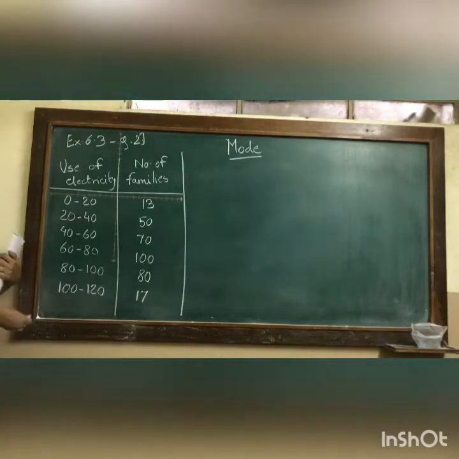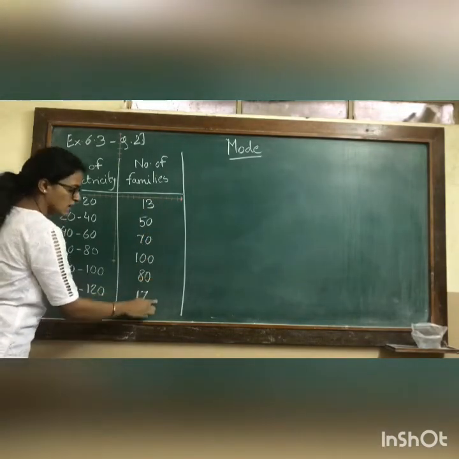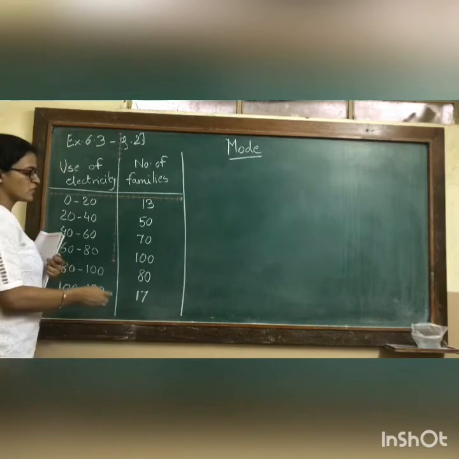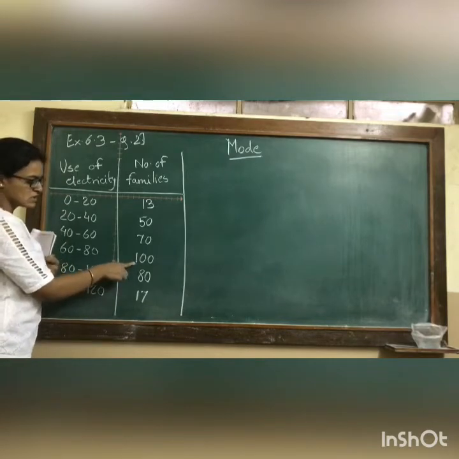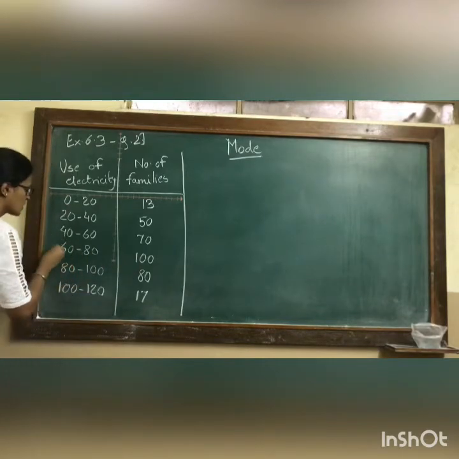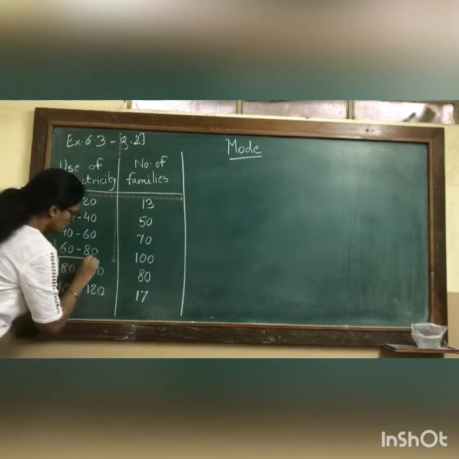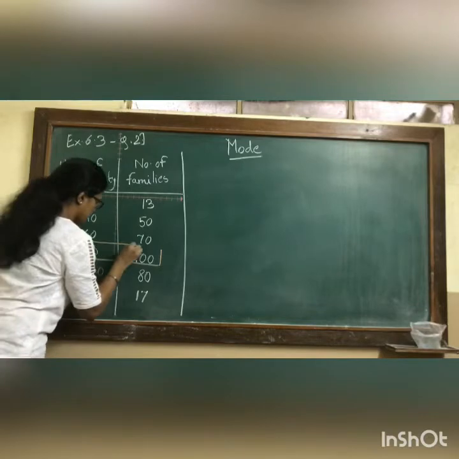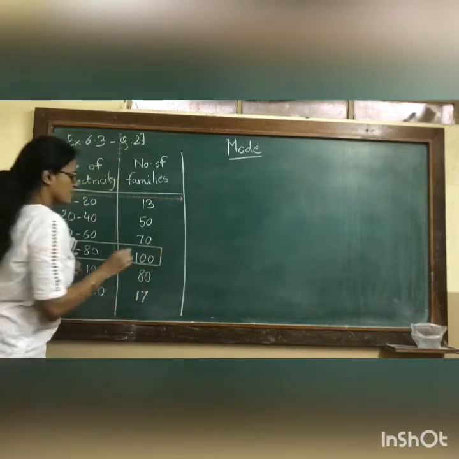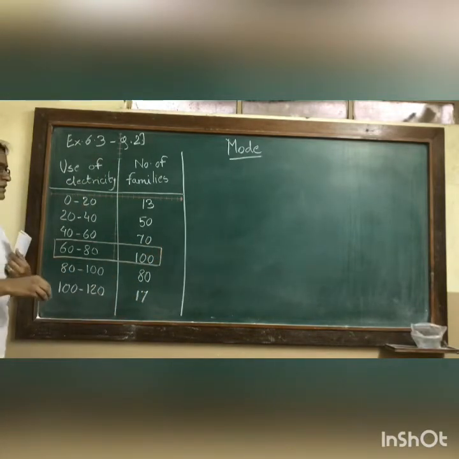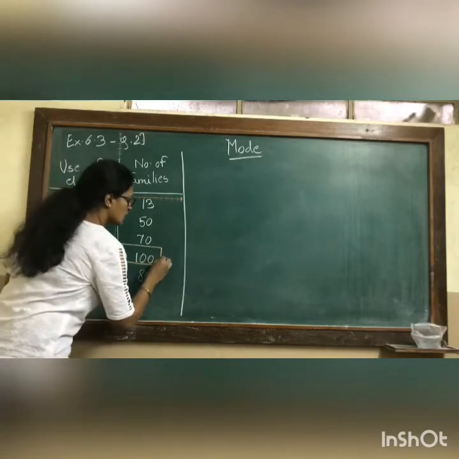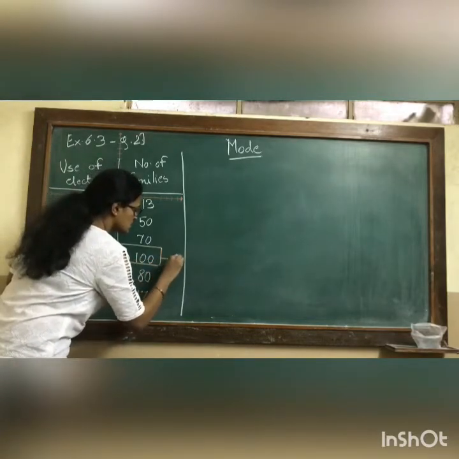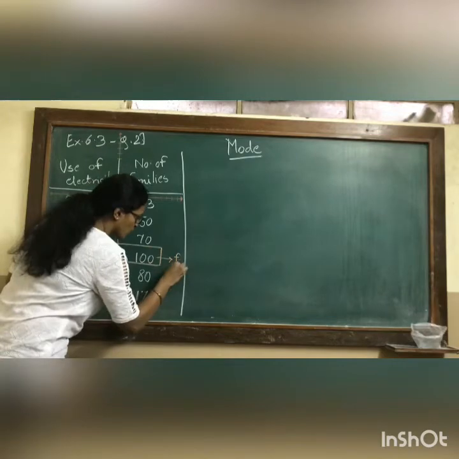Next, what we have to see is which is the highest frequency. Now if you see, the highest frequency is 100. So this becomes our modal class. Okay. Now the frequency of the modal class is marked as F1.